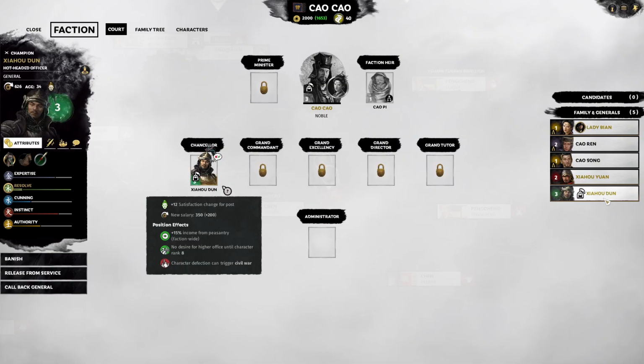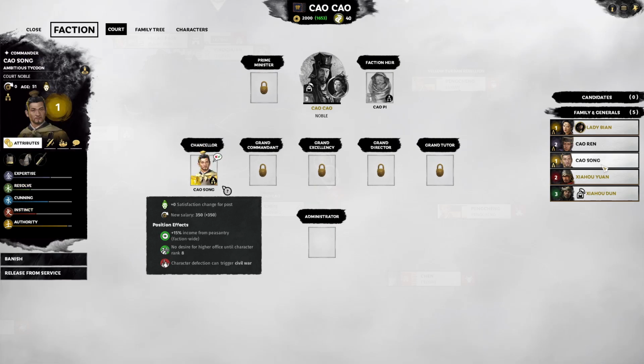It defaults to 150, but our family members, which we covered in our last part, are always without a salary. They don't require you to pay them to work for you because they are members of your family. But they don't just get an increase of 200. It always increases the salary of your character to 350.